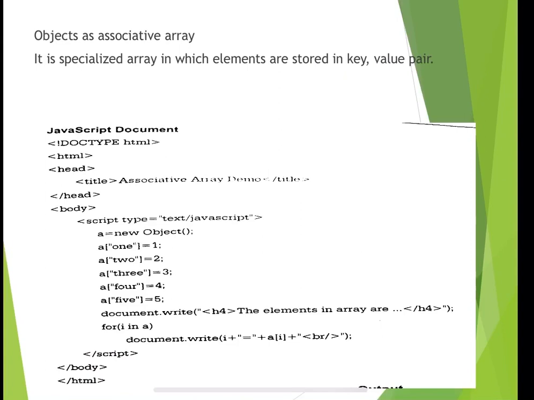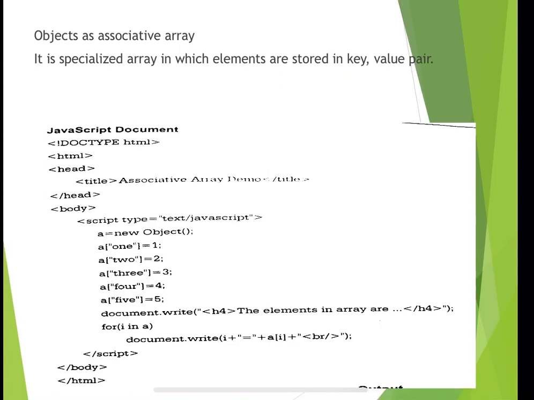So document.write, the elements in the array are, an associative array is always displayed with the help of a for in loop. So for i in a, document.write i plus " = " plus a of i, that is your index, and your values will be displayed.